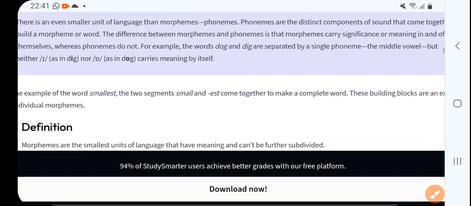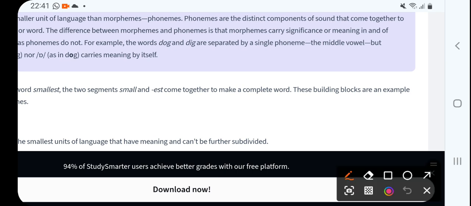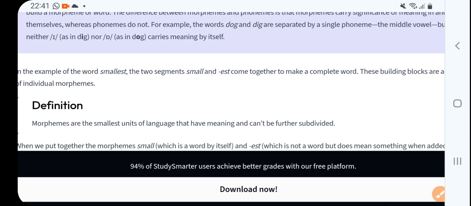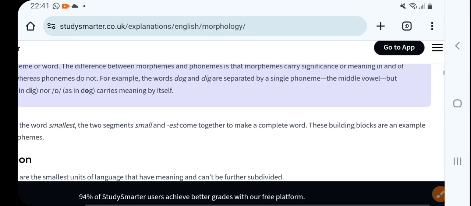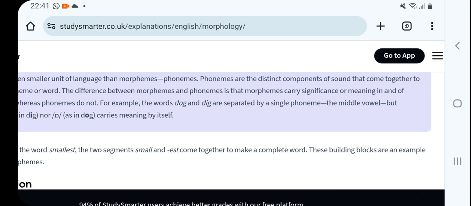Now the difference between morphemes and phonemes is that morphemes carry significance or meaning in and of themselves, whereas phonemes do not. Important. Morphemes must have a significance or meaning.